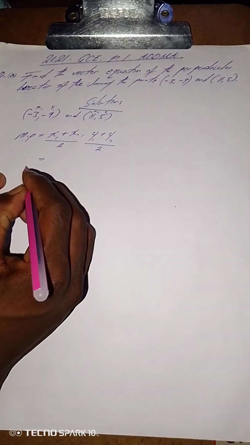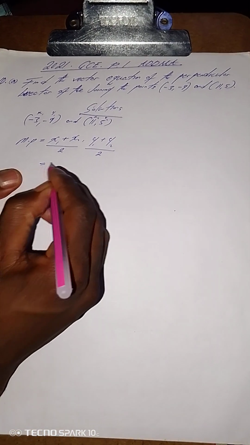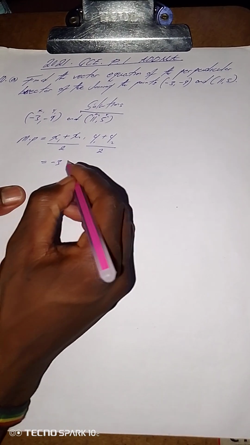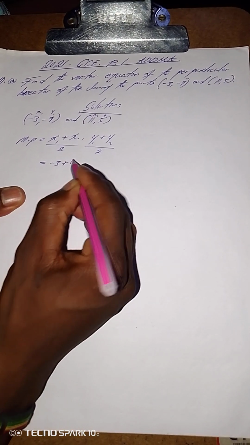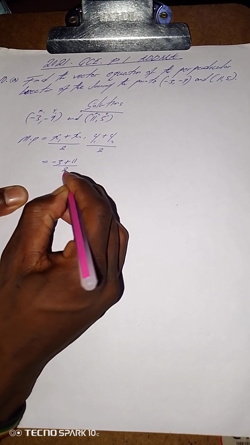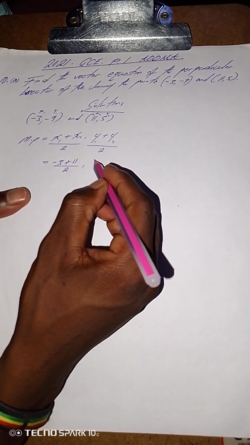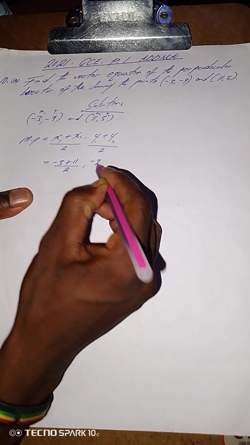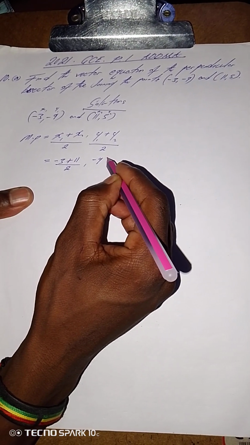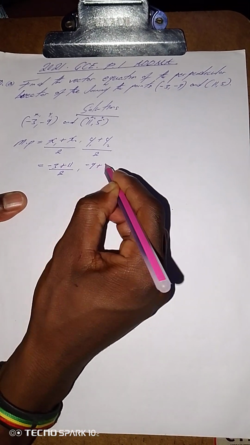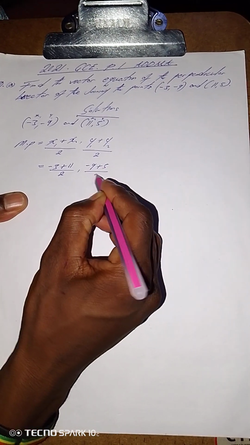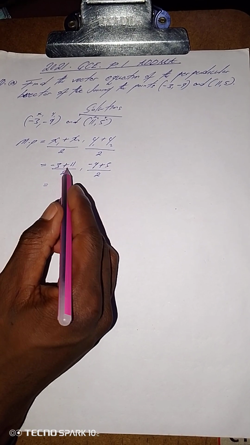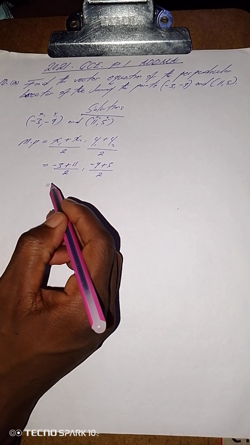Now let's substitute. What is x1? x1 is -3, and x2 is 11, over 2. y1 is -9, y2 is 5, like this. So -3 plus 11, what's the answer?